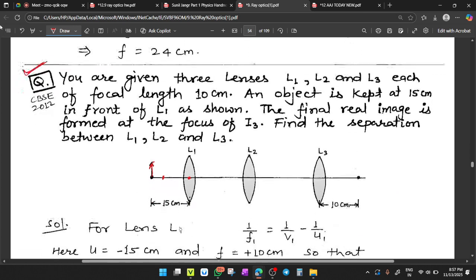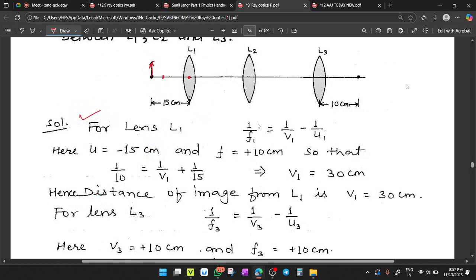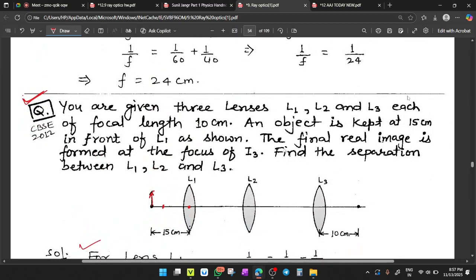For the first lens L1, 1 upon F1 equals 1 upon V1 minus 1 upon U1. Just placing the values, focal length 10, and U equals to minus 15, you will have V1 equals to 30. Clear? So first you have V1 equals to 30. An object is kept at 15 centimeter in front of lens L1 as shown in the figure.